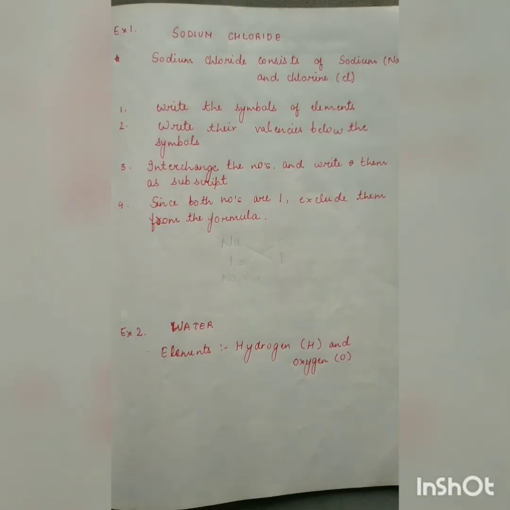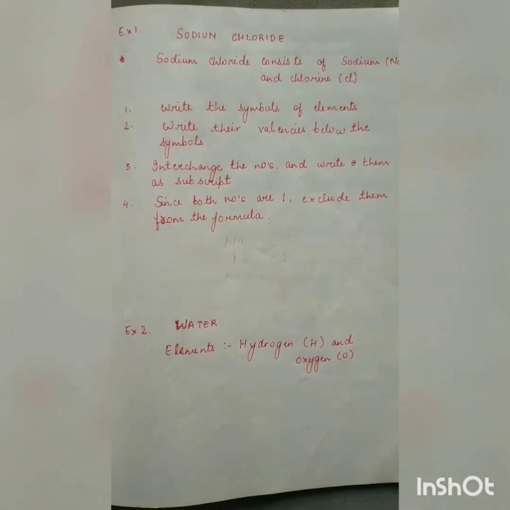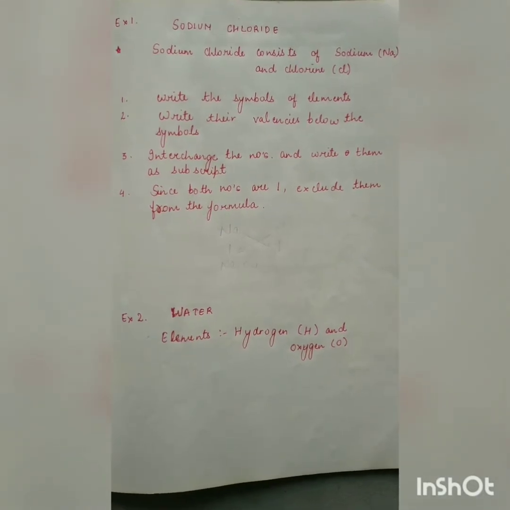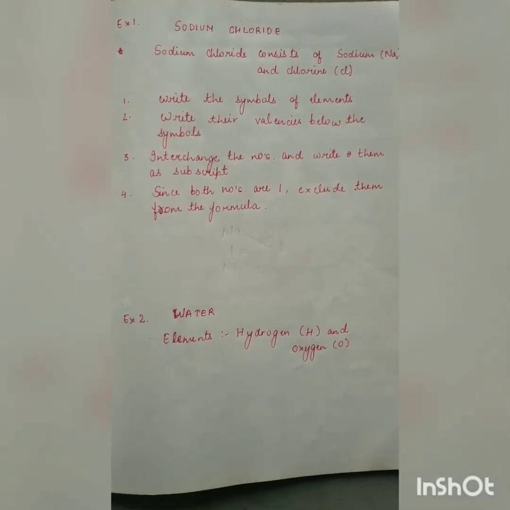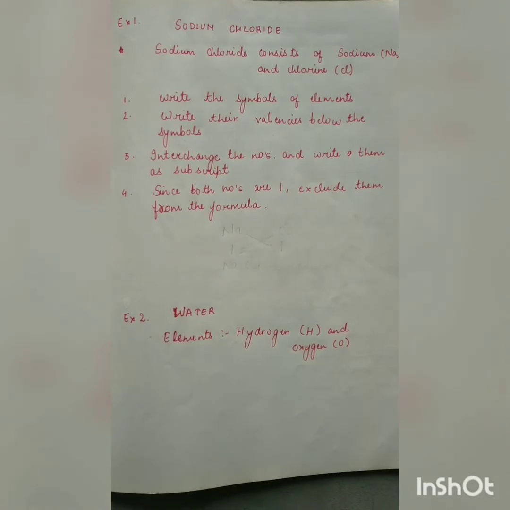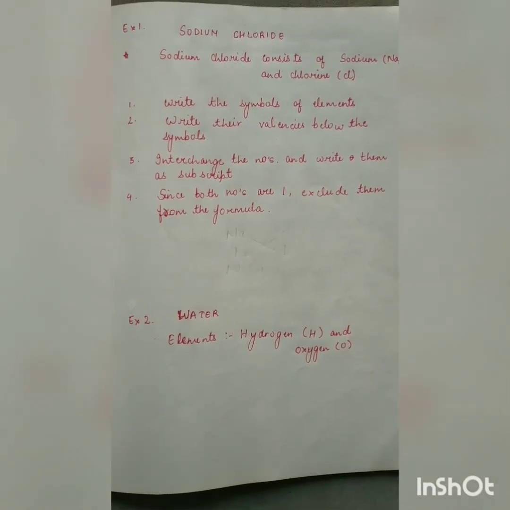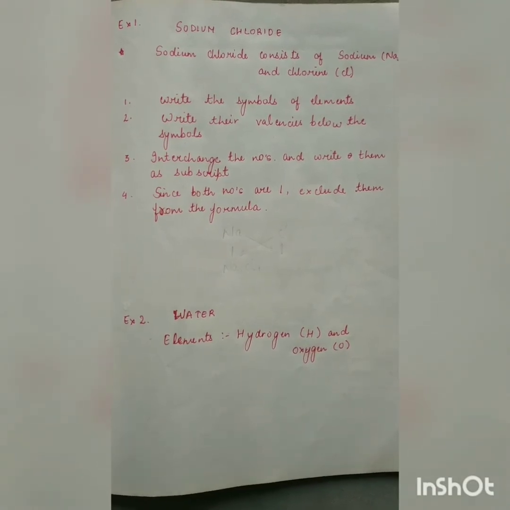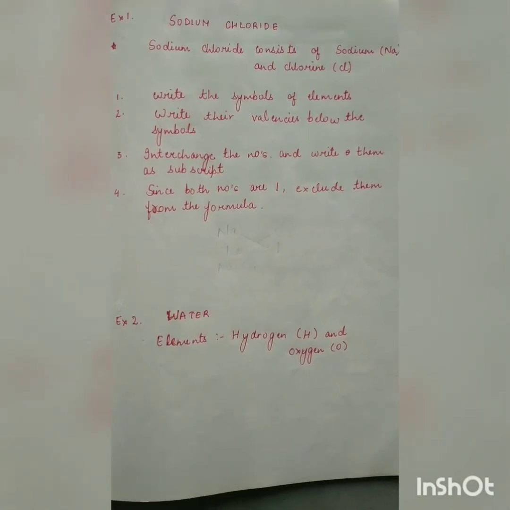Let's start with example of sodium chloride. Sodium chloride, it consists of two elements, sodium and chlorine. So now let's know how to write its chemical formula. First step, write the symbols of elements.